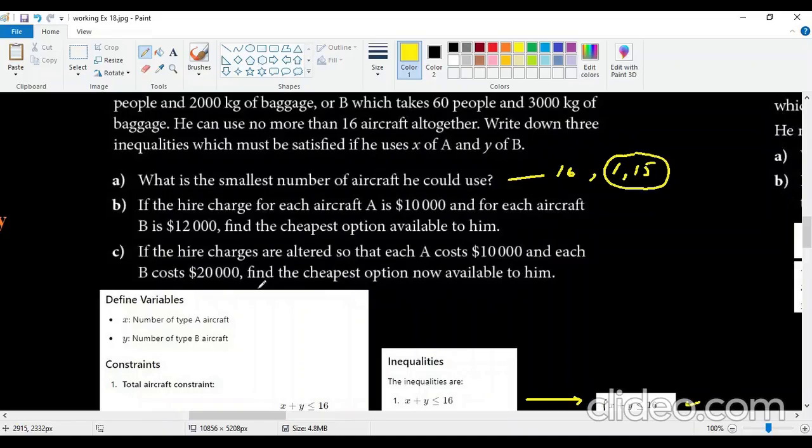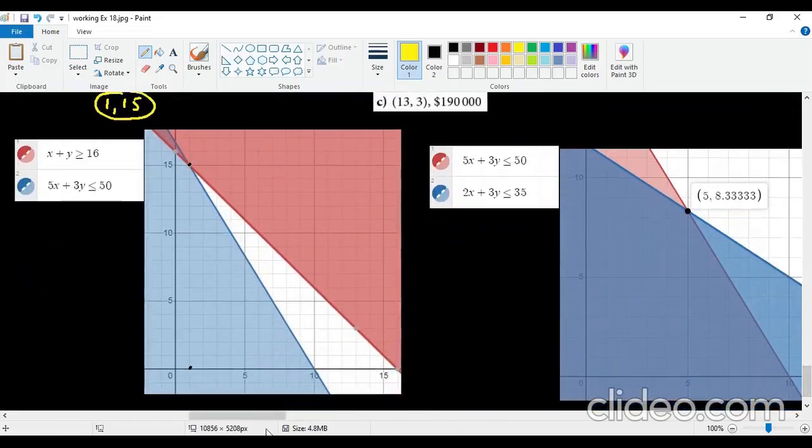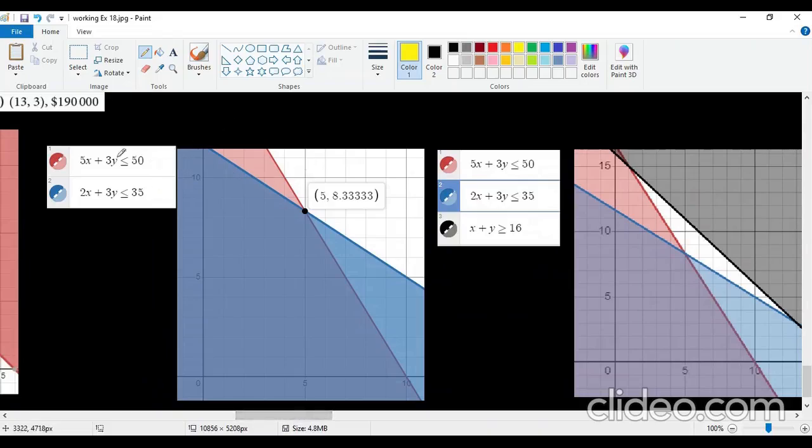Second is, if the hire charges for each aircraft A is 10,000 and for each aircraft B is 12,000, find the cheapest option available for him. Now, since we have found out 1 and 15, we are going to put these inequalities into consideration. And here we can see that we have these two. Once we put these two inequalities in Desmos, we come up with 5 and 8.33.